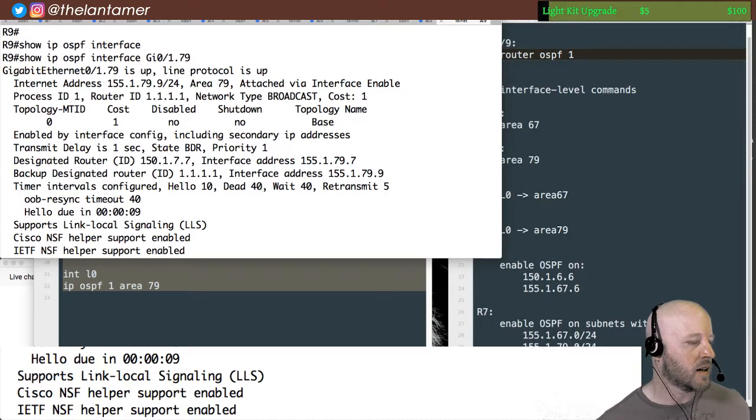Well, that's why we cannot route between areas. Yeah, I don't get it.